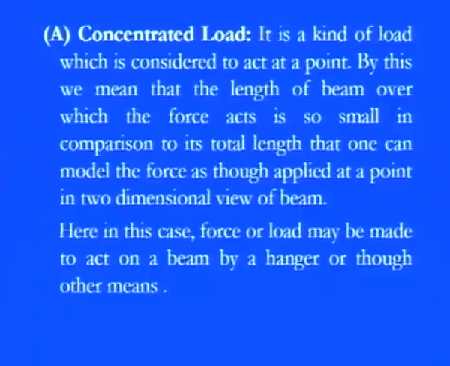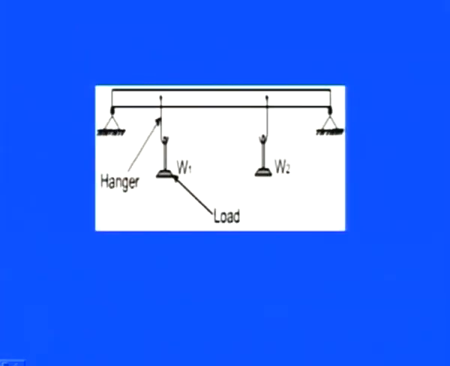In this case, the force or load may be made to act on a beam either by a hanger or by various means, as I told you, like just keeping the effective load there, so that the load is concentrated on that particular point. We can see here a simply supported beam with two pin joints.